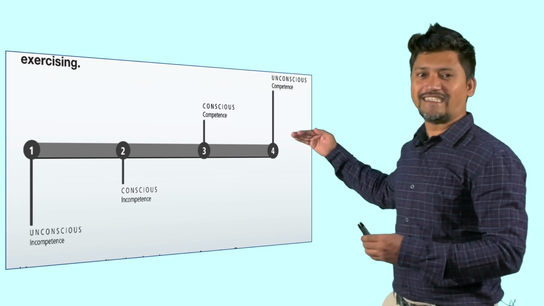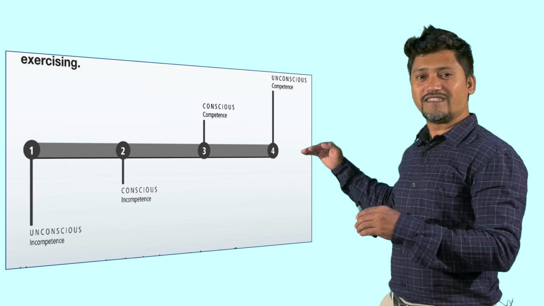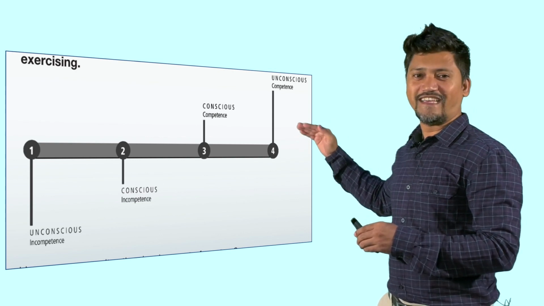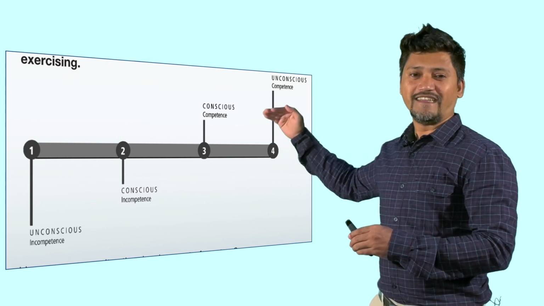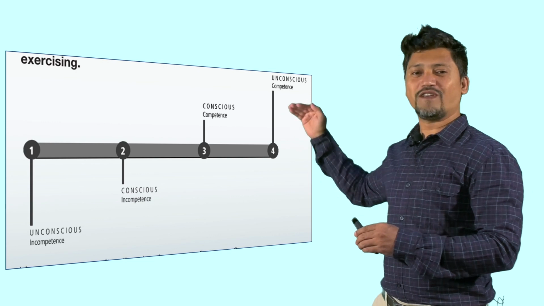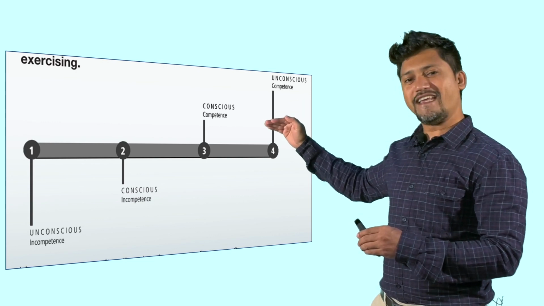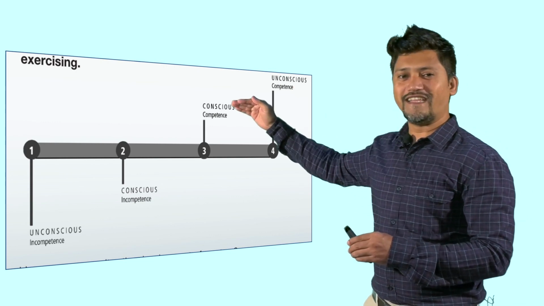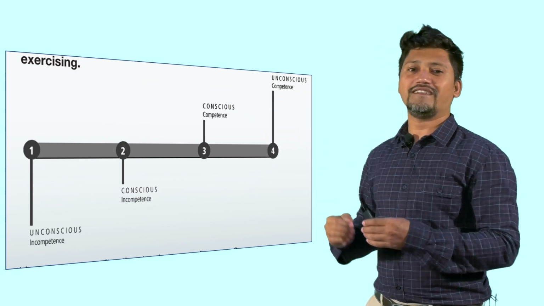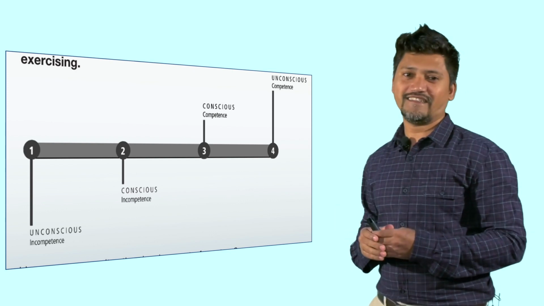The second stage is his or her conscious knowledge of his or her incompetence. Then the next level is where he or she is conscious of the competence that he or she is gaining. And the last stage is that of unconsciousness of the competence that the learner has gained.